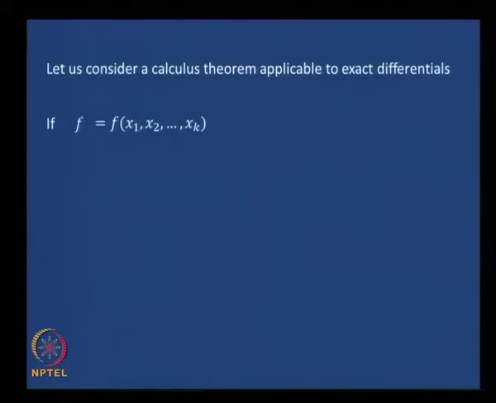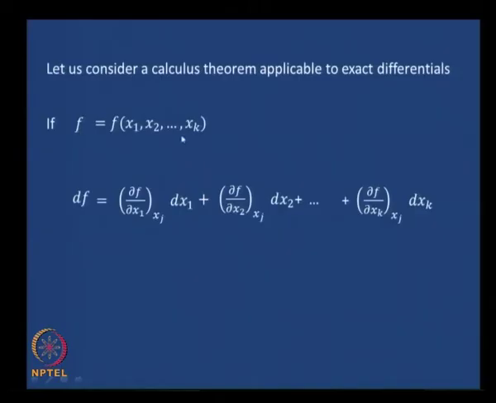The theorem says if f can be considered as a function of some variables x1, x2 and so on till xk, then df, f being an exact differential, can be written as dou f by dou x1 evaluated at all other variables kept constant, which is indicated by xj as I had mentioned earlier, dx1 plus dou f by dou x2 at xj, which means x1, x3 and other variables till xk are held constant, that is what this xj means, dx2 and so on until dou f by dou xk, all other xj's remaining constant, dxk.